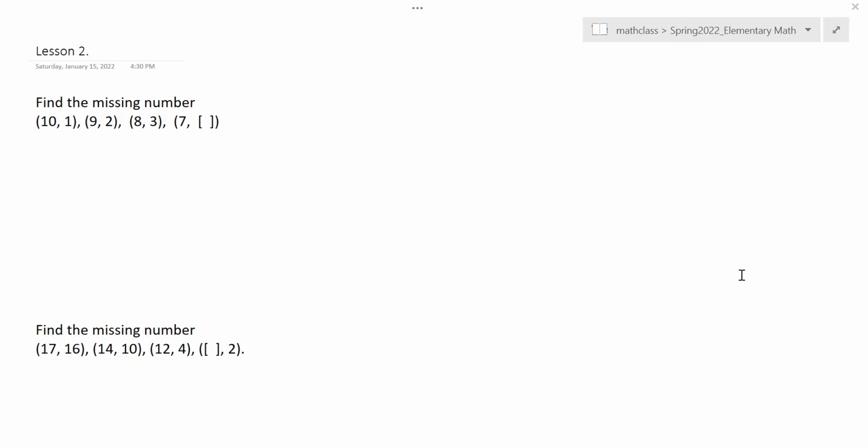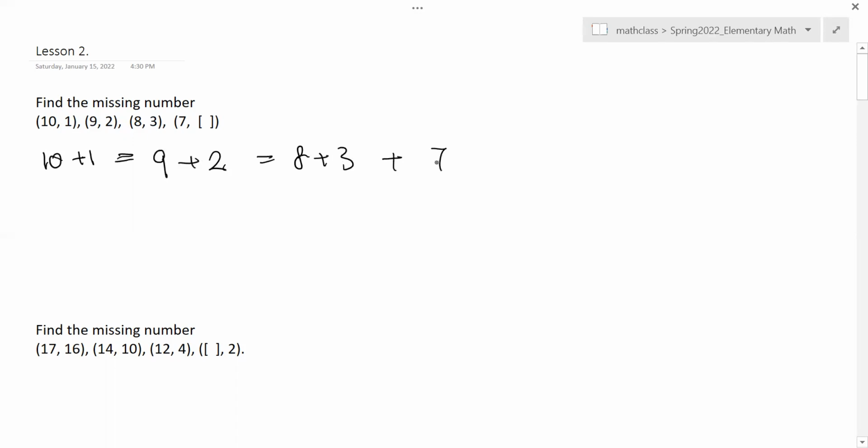Take a look at those four pairs of numbers. What you find is that the sum of the numbers in each pair is always the same number, which is 11. If you notice that, then the problem is simple. 10 plus 1 equals 11, and also equals 9 plus 2 and 8 plus 3.